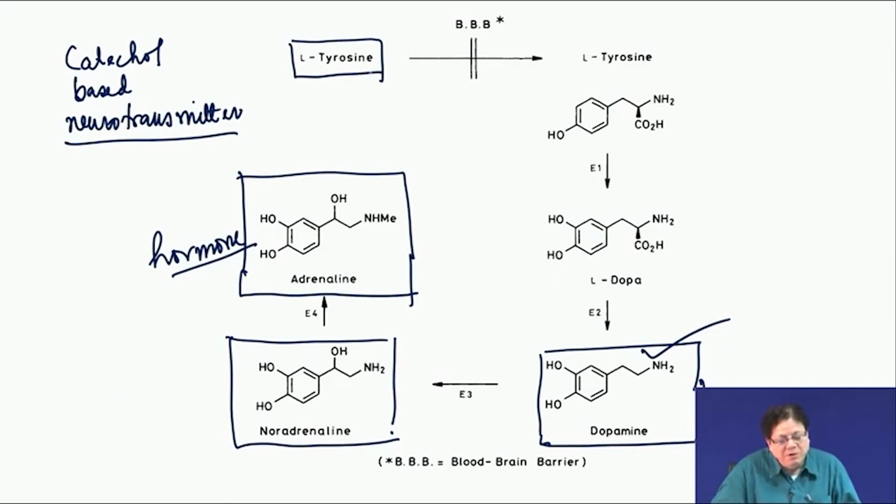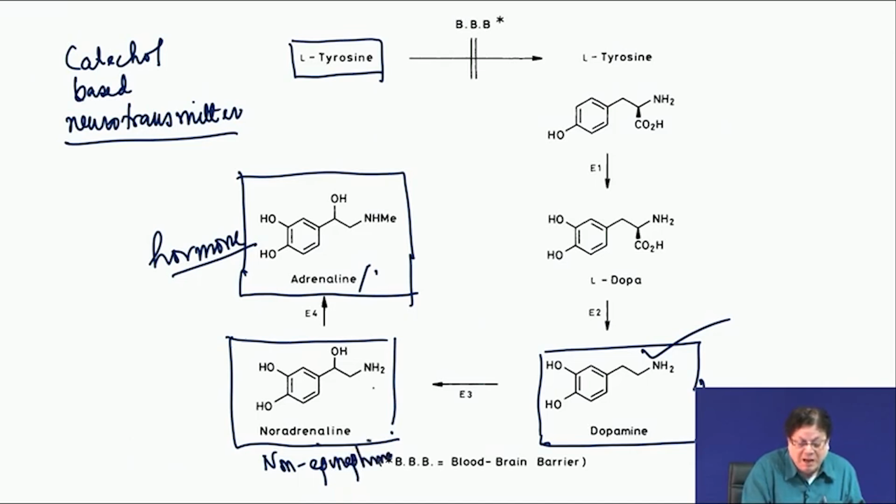So, apart from the amino acid function, it has another very important role in generating dopamine and norepinephrine and finally adrenaline, or that is called epinephrine. Okay, here it is adrenaline. So, this is noradrenaline, also called norepinephrine, and this is called epinephrine.